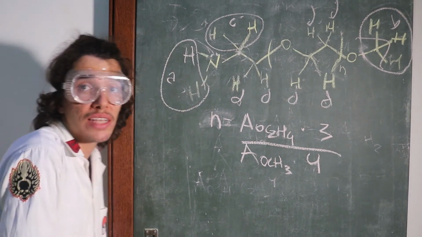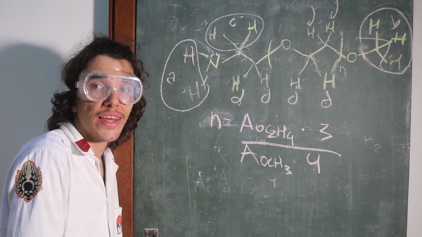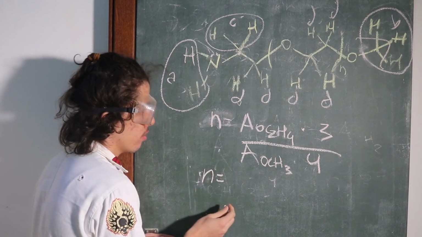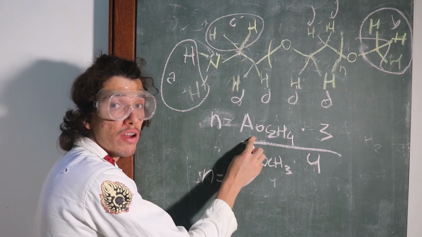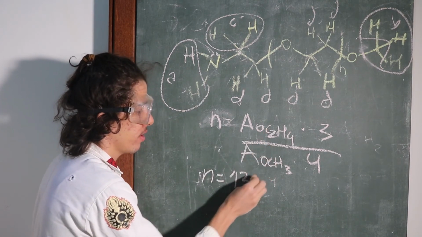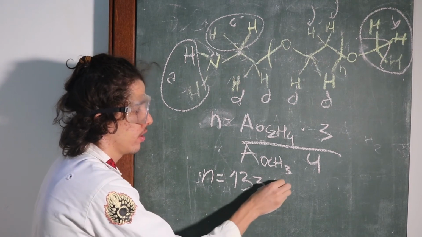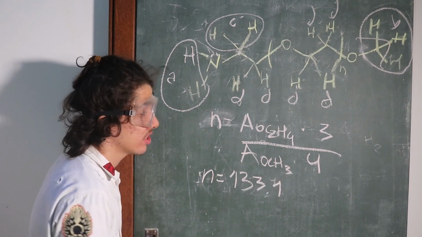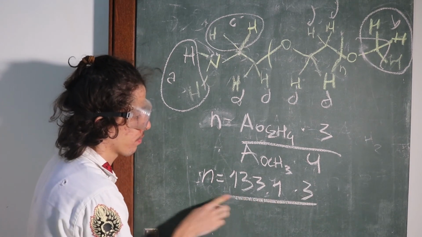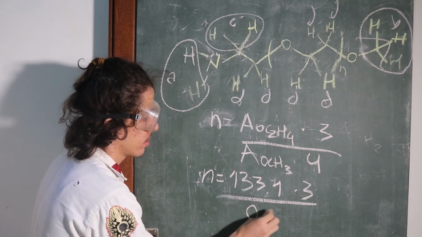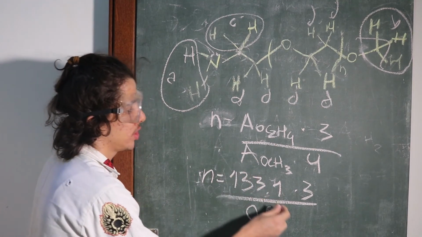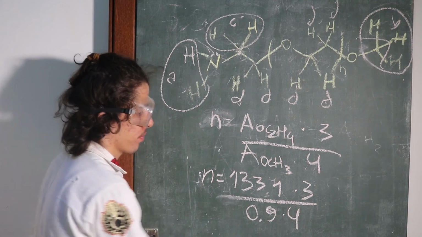Okay, pretty basic. Now we just plug in our values, and n is going to be equal to the area of the monomer, which is 133.1, if you remember our calculations, times 3 over 0.9, which is the area of our methyl end group, times 4.